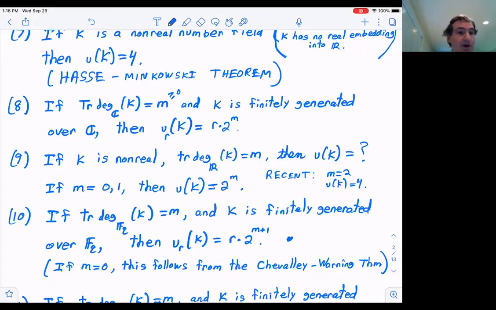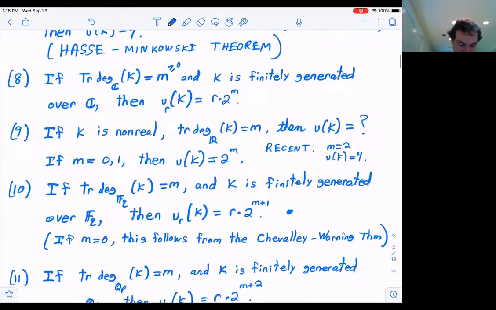So the Chevalley-Warning theorem would say if I have r quadratic forms over a finite field in more than 2r variables, then there's a non-trivial zero. So this follows from sort of a generalization of the Chevalley-Warning theorem. Some of the reasons, especially in examples 8 and 10, why do these hold? That's coming up in a few minutes.